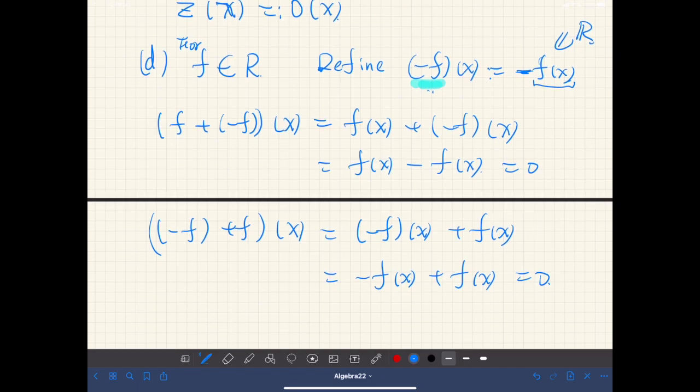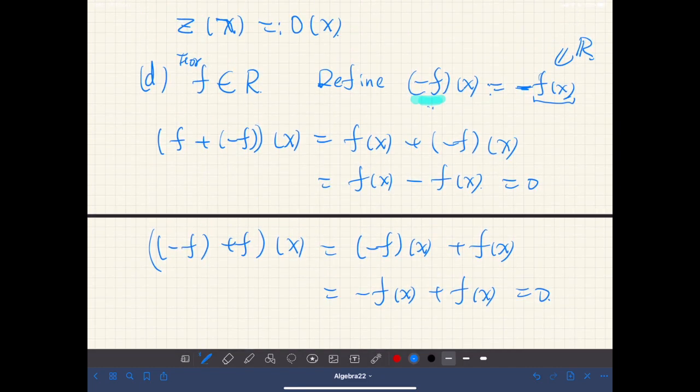So this new function, negative f, indeed behaves as the additive inverse of f. So for every element f, there is its additive inverse.